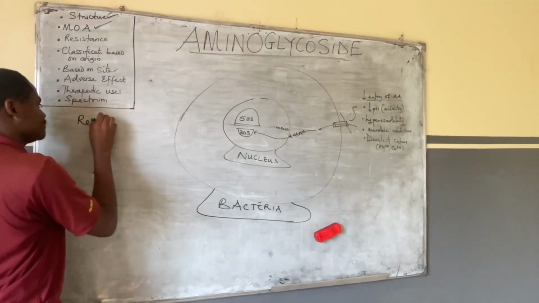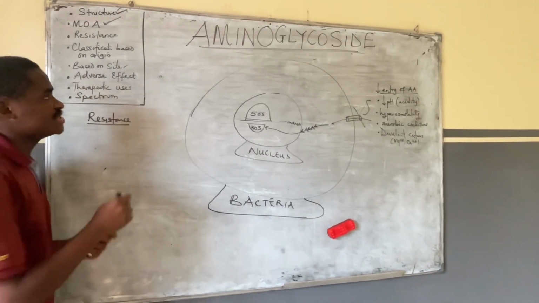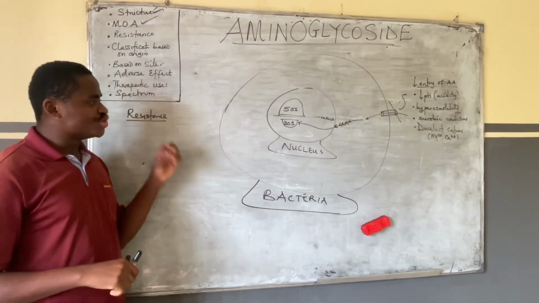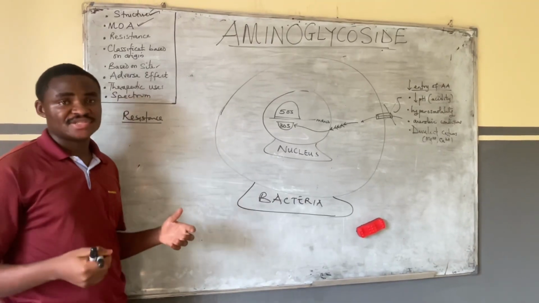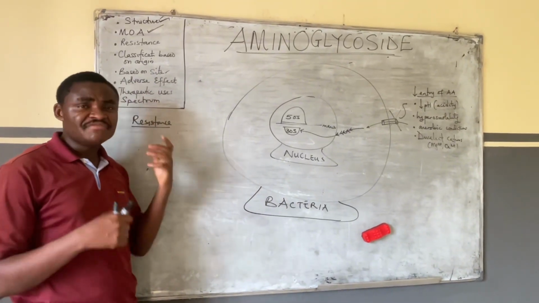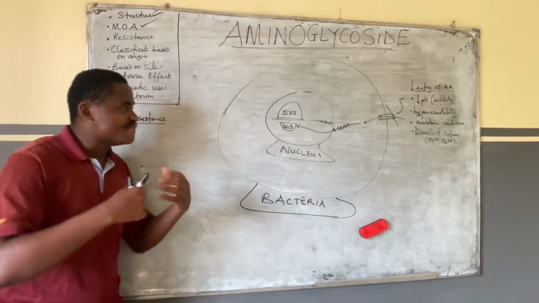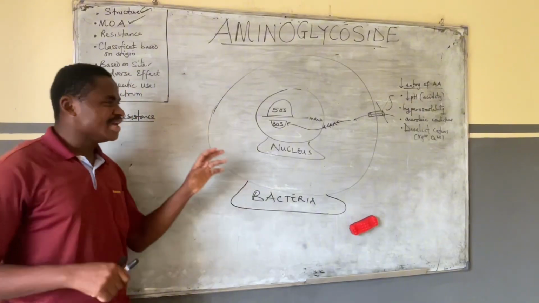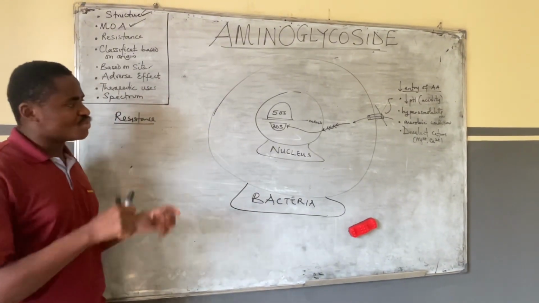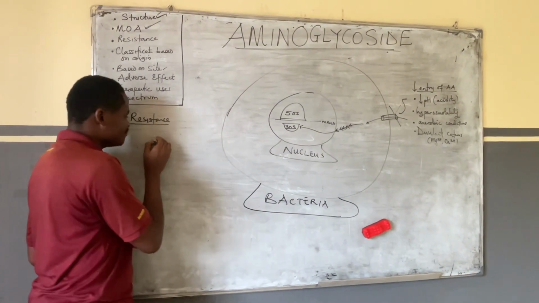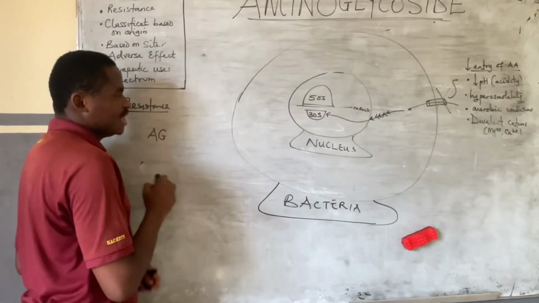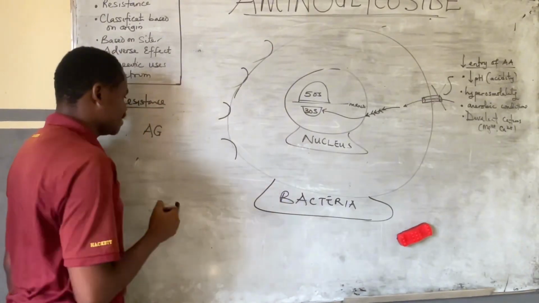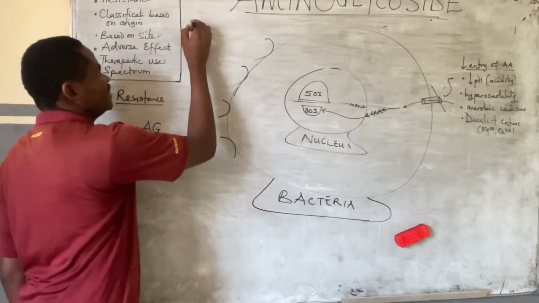What is resistance? When we say a person has resistance to any drug, we simply mean that that drug has no effect on bacteria, or bacteria have been able to find ways to evade their destruction by that drug. So how has this bacteria been able to evade the ways in which this drug would have acted on it? Number one, if you give someone aminoglycoside, there are some kinds of enzymes on the membrane. We call them the inactivating enzymes.